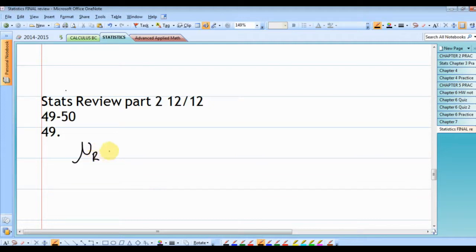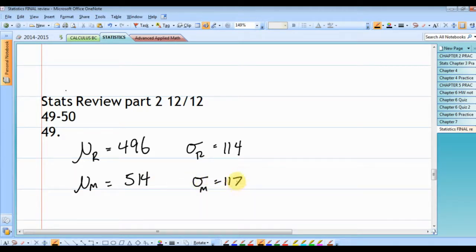Critical reading, that's going to be 496. Sigma for reading is 114. Mu for math is 514. Gosh, these are really low scores. Sigma is 117.